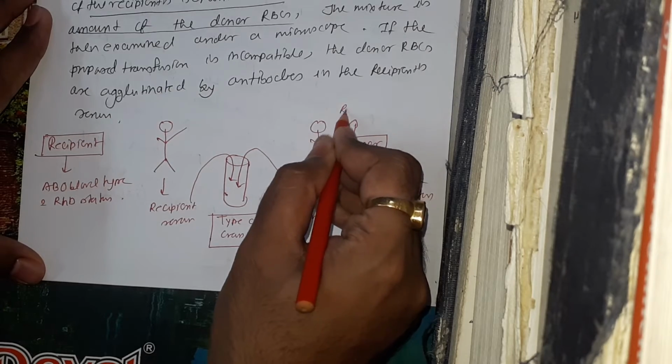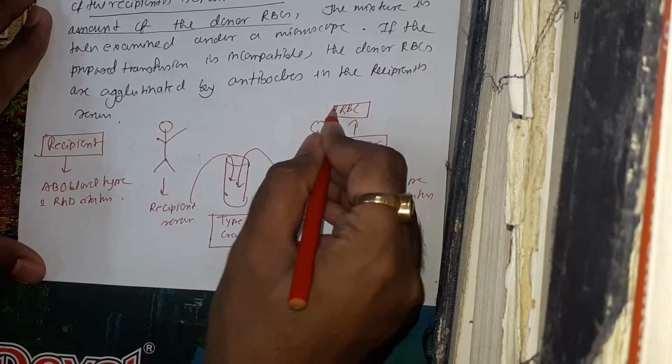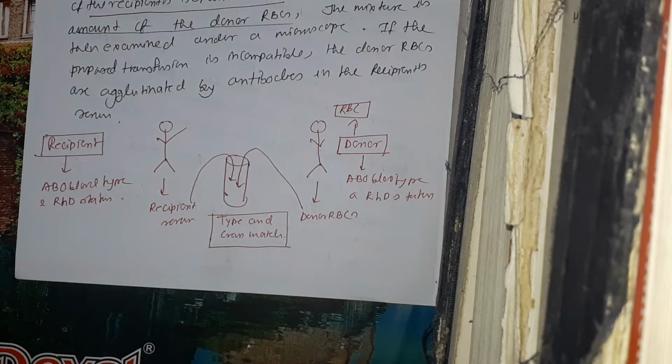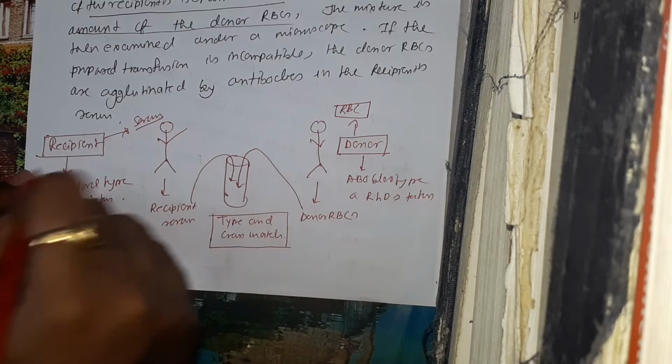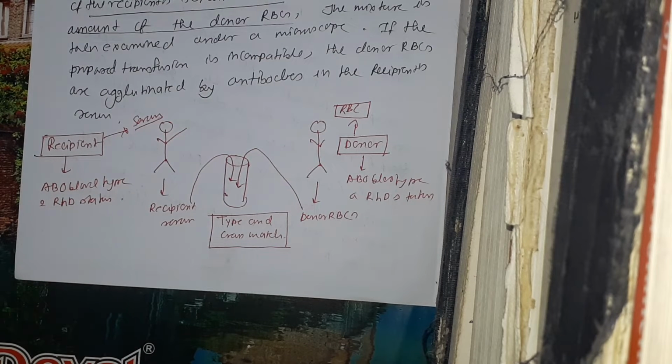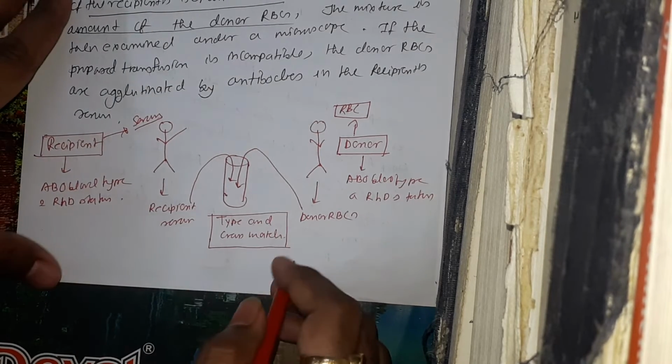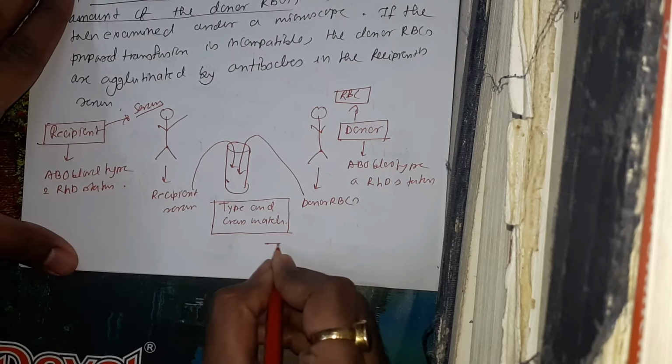You may ask me why we are only bothered about the donor's RBC. It is because the donor's blood will be the foreign particle, and we all know the antigen is present on the surface of the RBC of the donor blood group. And in the recipient we need to talk about his or her serum, because in the serum they have their antibodies. The overall process is called type and cross match.